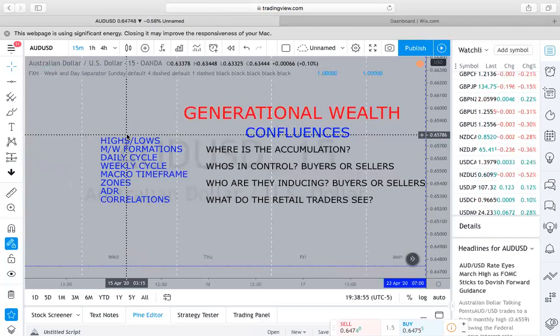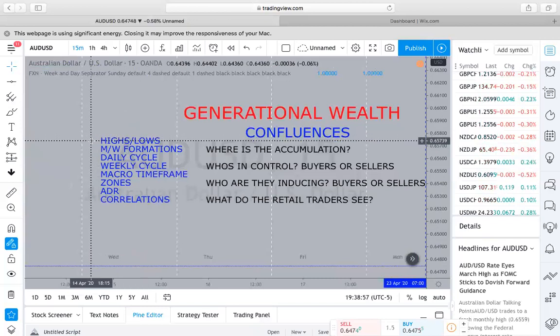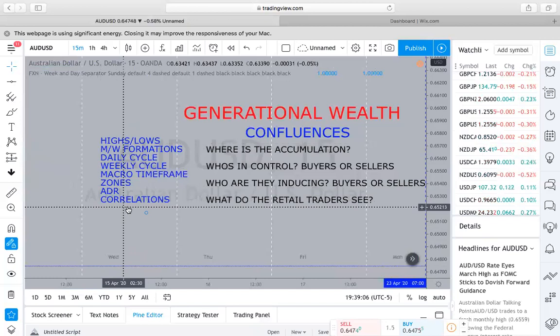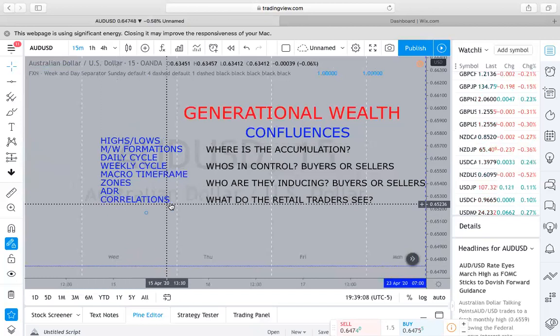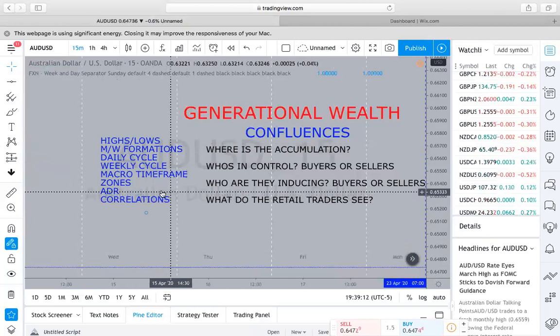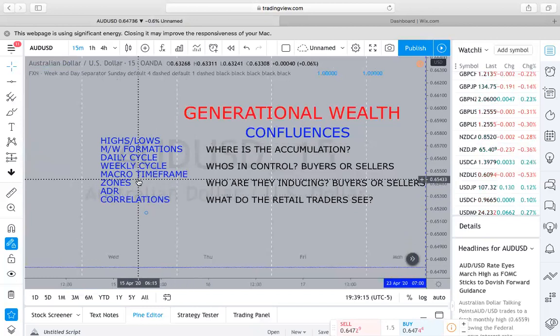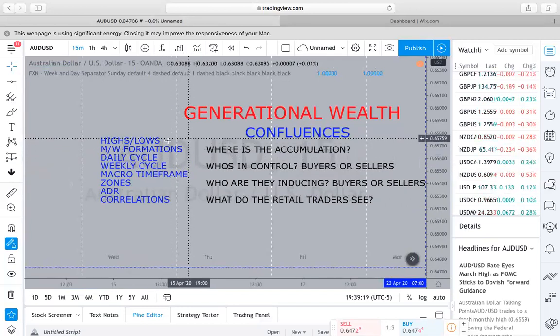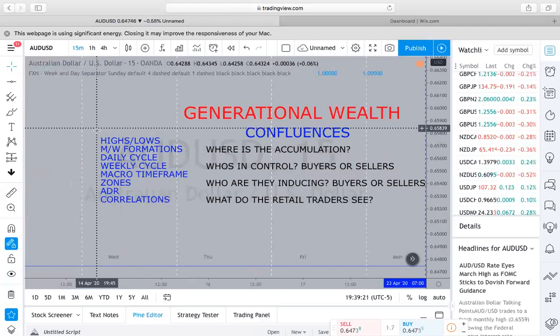Use these confluences to get a better idea, as well as checking the dollar indexes of these pairs. Check the indexes, and use whatever confluence you feel helps you see what the market is doing at that given time. These are the confluences I like to use that help me know when I take my positions.